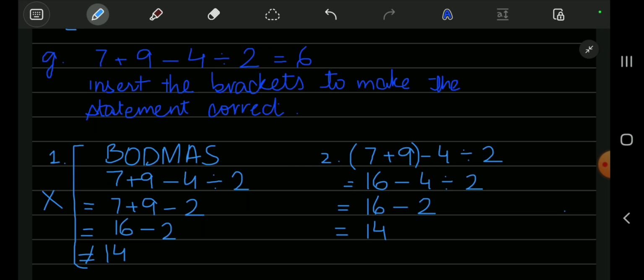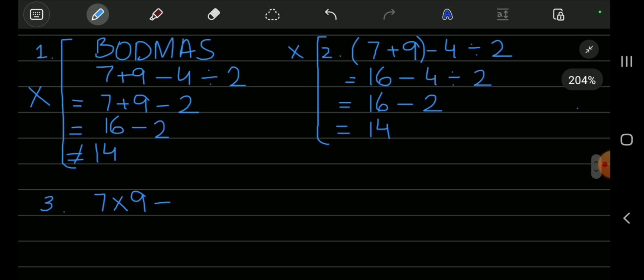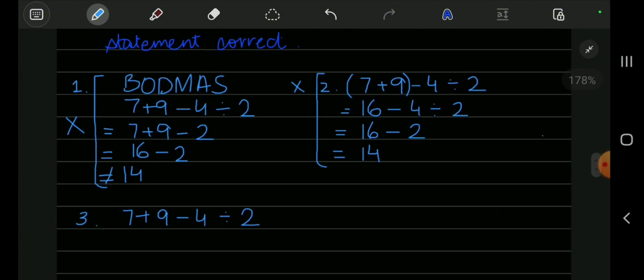Okay, so this is going to be also incorrect because we need 6. Now the last that is left is 9 and 4. The brackets are on 9 and 4. So first write this again: 7 plus 9 minus 4 divided by 2.